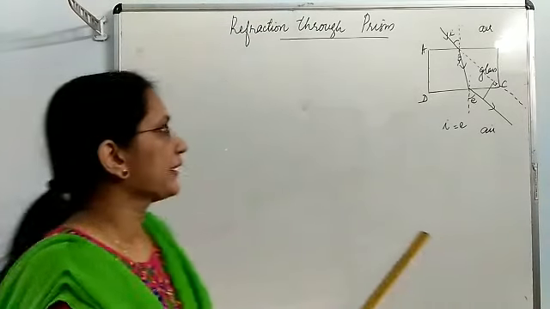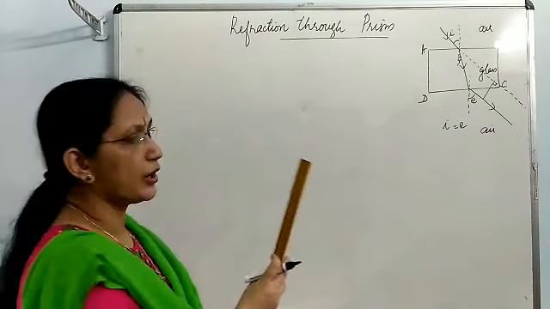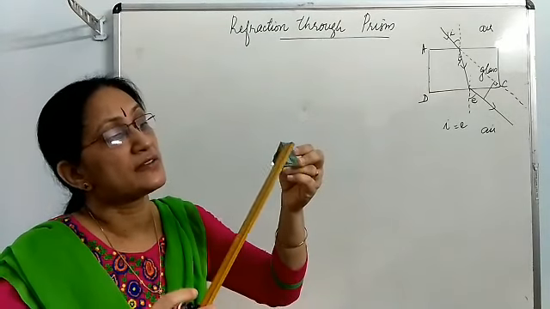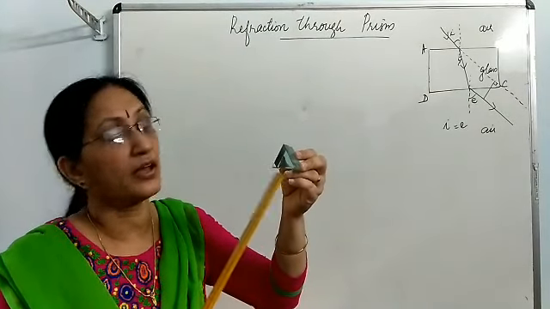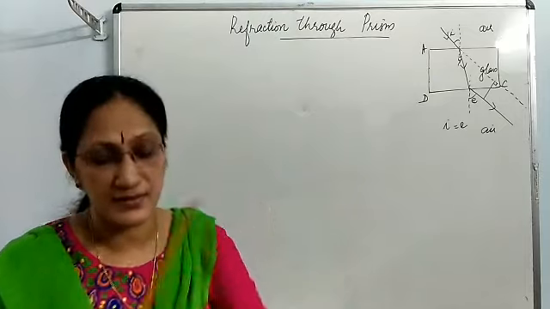Now let us make the diagram of how the light ray passes through a prism. Here I am drawing the cross section of the prism. You know the cross section of the prism is triangular in shape. This is an equilateral prism since all the three sides are equal, and all these three angles are 60 each.